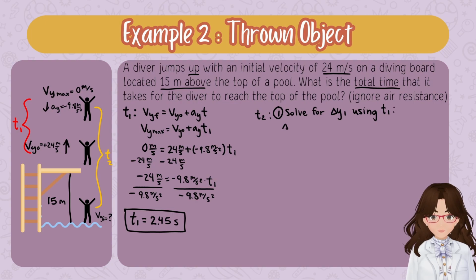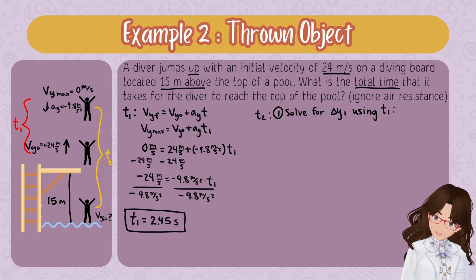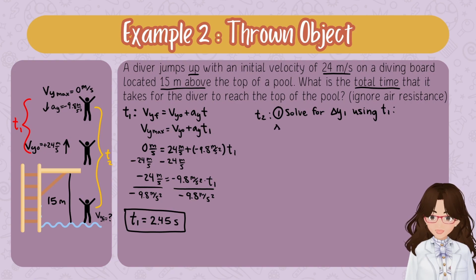In this case, I'm going to want to go ahead and use the equation for displacement and time because I'm trying to solve for how much farther the diver traveled up.